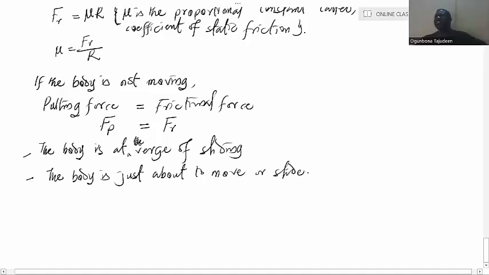If I ask you what is the force needed to just move the body, we are talking about Fp equals Fr. That's the first equation you must note today.